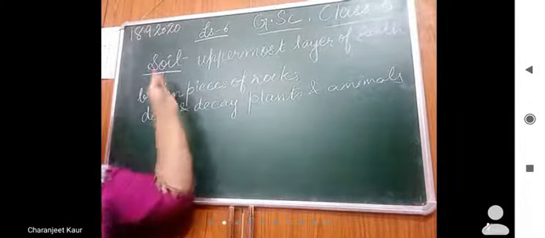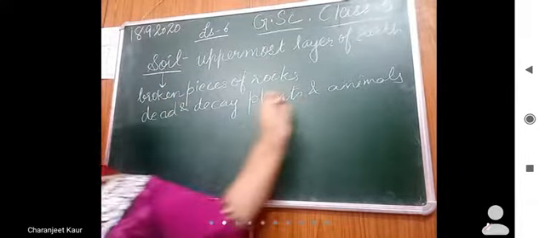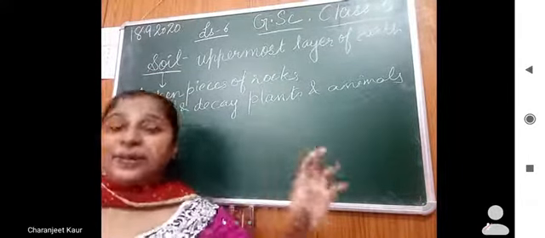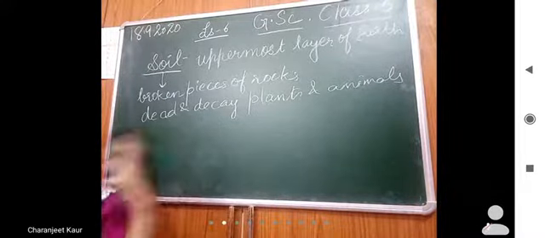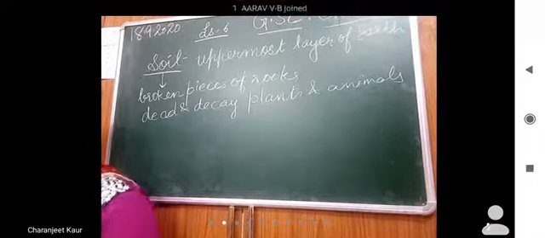These things, dead and decaying plants and animals, they add minerals to the soil, nutrients to the soil. This makes the soil fertile, right?